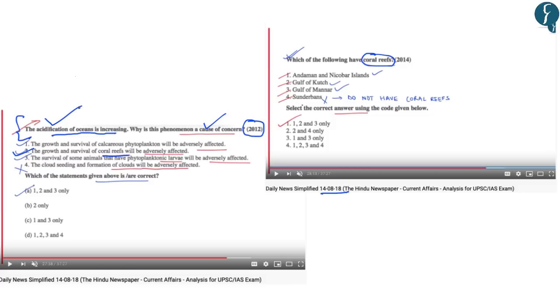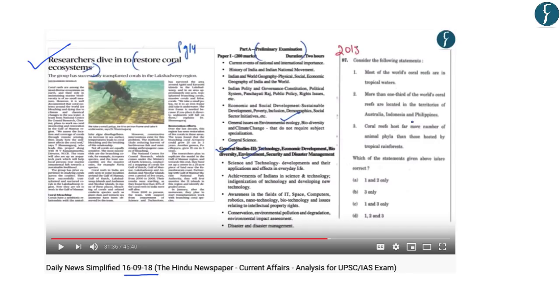mains examination. Again, in the DNS of 16 September 2018, the question that was asked in the year 2018 related to coral reefs was discussed. Now again in the DNS of 16 September 2018, the question that was asked in the preliminary examination of 2018 related to the coral reefs was discussed. So as you can see, in the preliminary examination of 2018, a question was asked related to coral reefs.